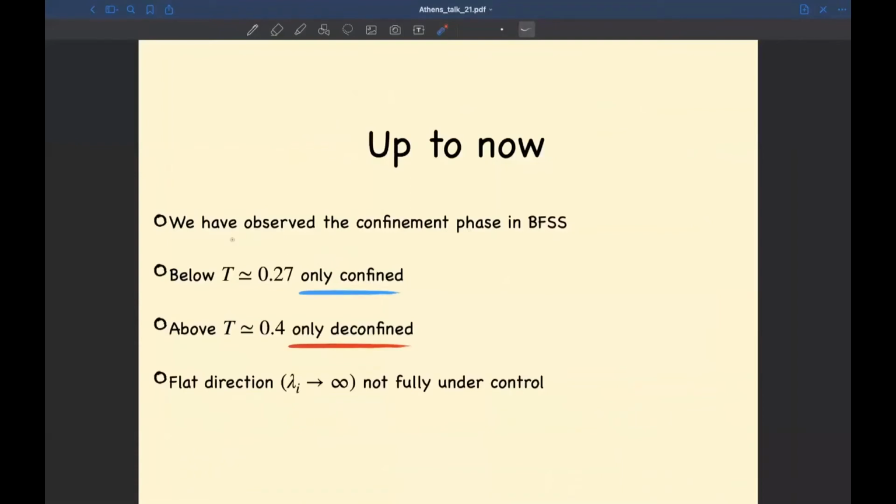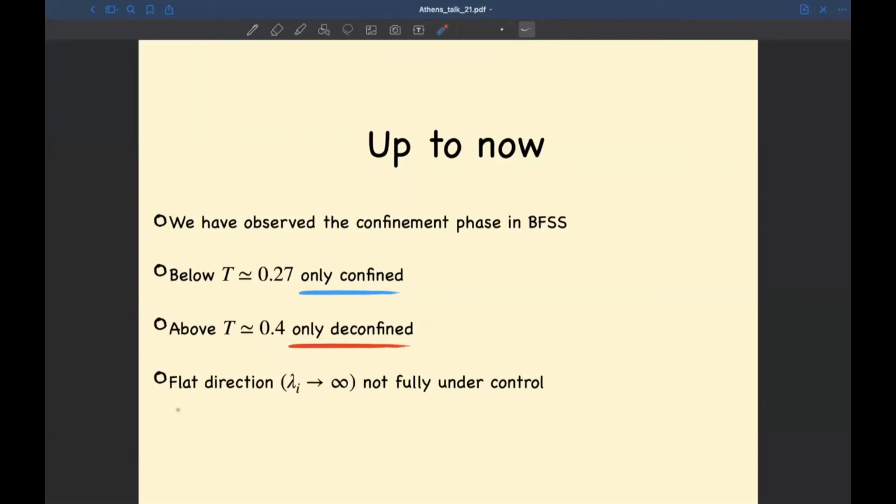So up to now, what I've shown is that we have observed the confinement phase in BFSS, and a little bit more detail is that below temperature 0.27, we've seen only confined states, while above 0.7, we have only seen the deconfined states.